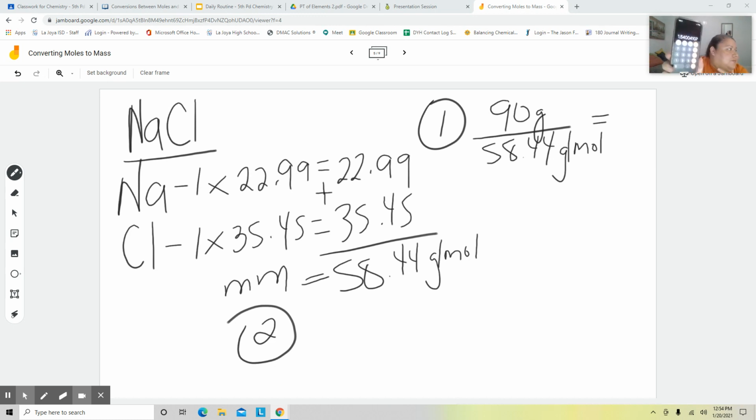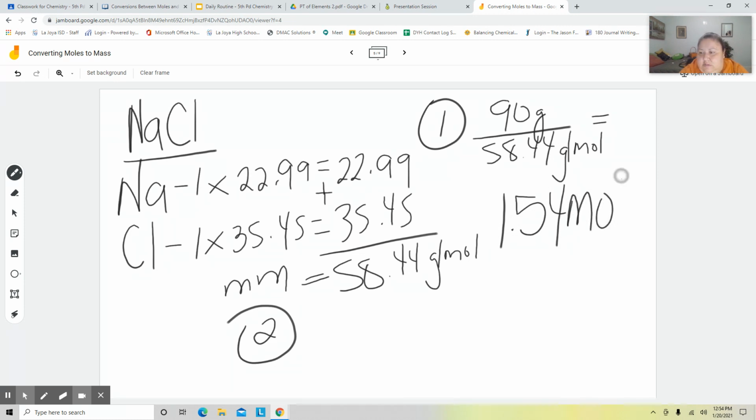Yes. I ended up with not 1.55. I ended up with 1.54. Okay. Did anybody else get that answer? I got 1.54 moles. And it makes sense because I got 90 as my mass and I got like half of my molar mass, right?